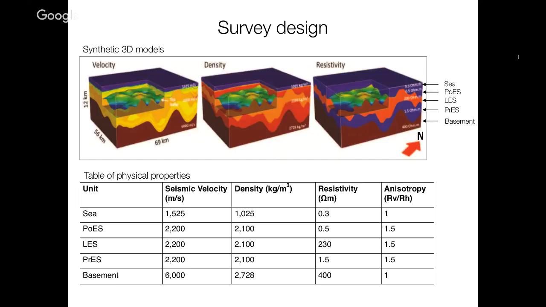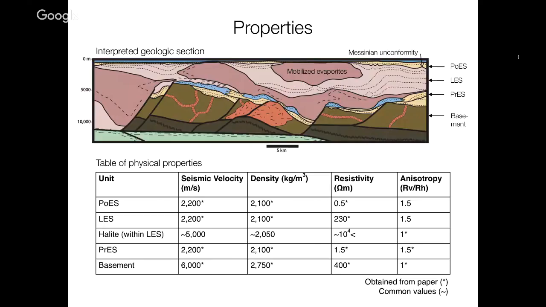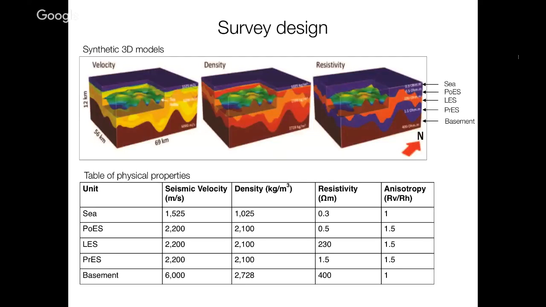It's similar to topography in the land case, because if you are in shallow water, your air wave could make a pretty big impact. Anyway, that's what we got, and they're quite similar values to the paper. So they set reasonable values. Here they didn't include the halite, but they include the LAS, which is a resistive layer, and the sediment layer.